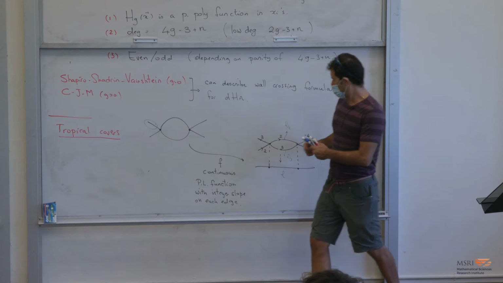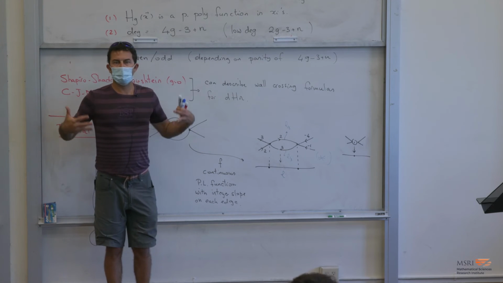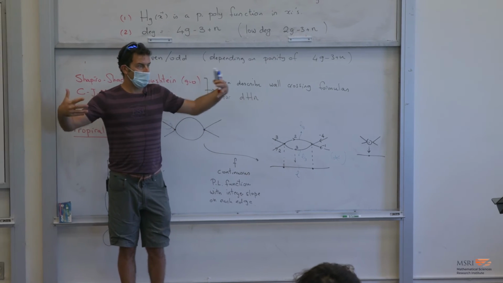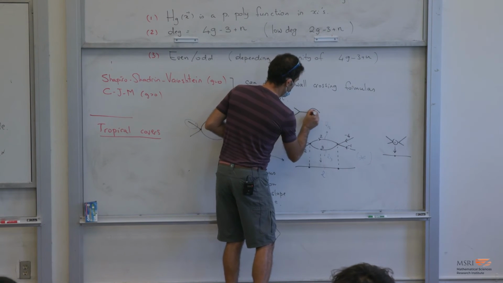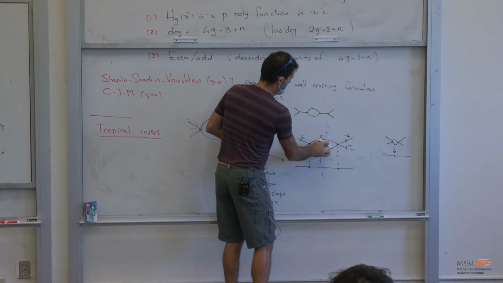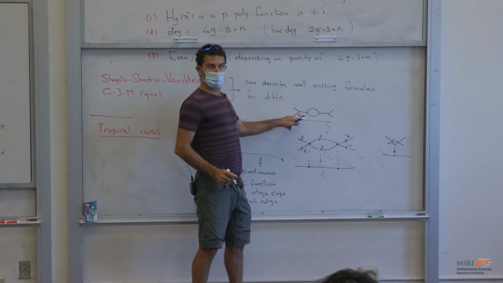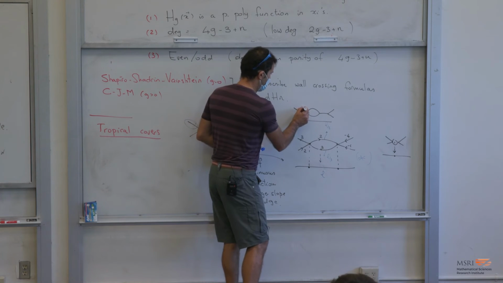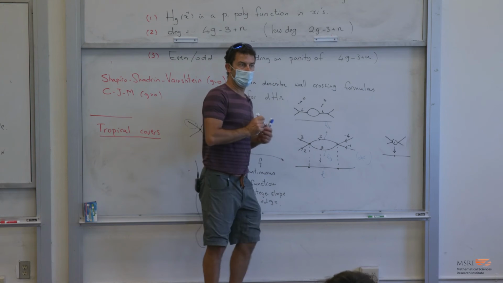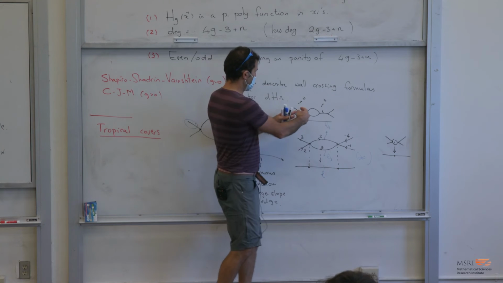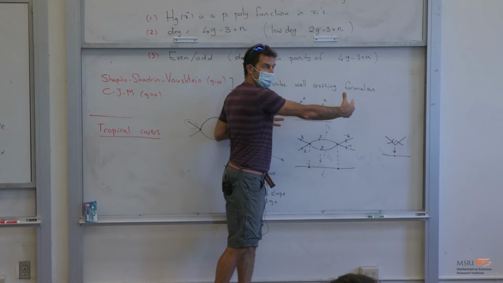Why? Because somehow you want the number of branch points to remain the same. And so this picture, I can think of it as a specialization of this picture, where this length has shrunk to 0, and this one also has gone to 0. Whereas I cannot further make this picture more generic. I cannot create more vertices than this.